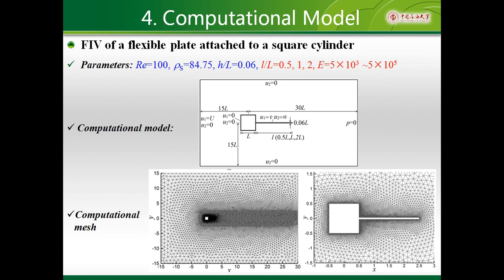The parameters in our simulation are as follows. The Reynolds number with respect to the side length of the square cylinder is 100. The density ratio of the plate equals 84.75. The dimensionless thickness of the plate is fixed at 0.06.